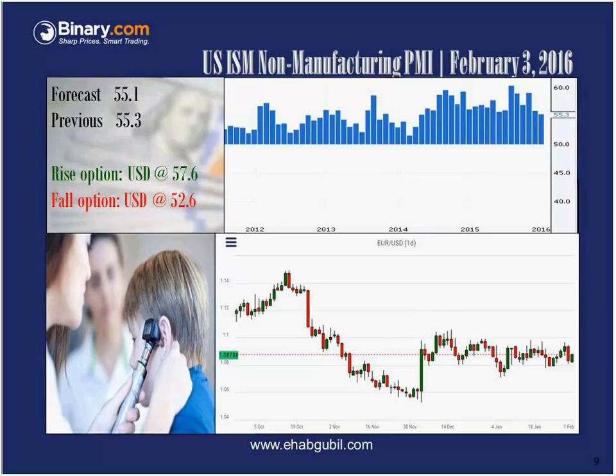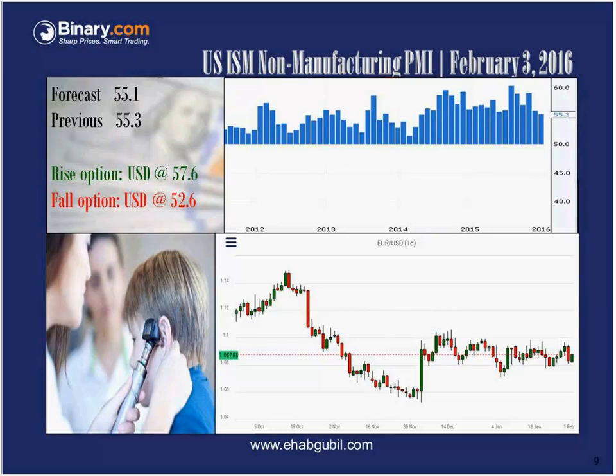So we will be using a deviation of around 2.5 points in order to trade this release. In the event that 57.6 is reached, we should see some US dollar strength, and we should focus on trading against weaker currencies.